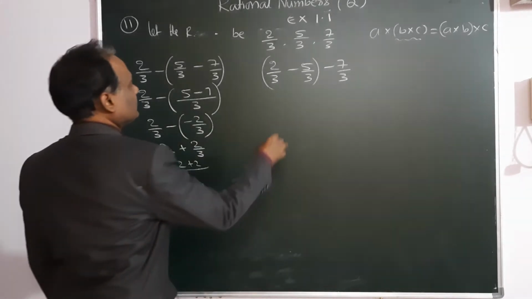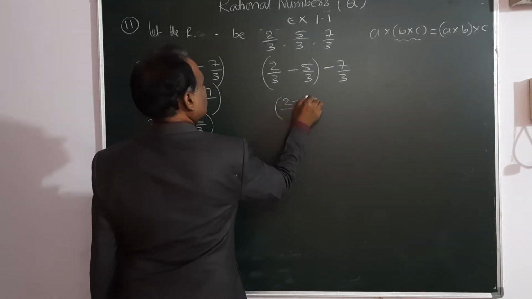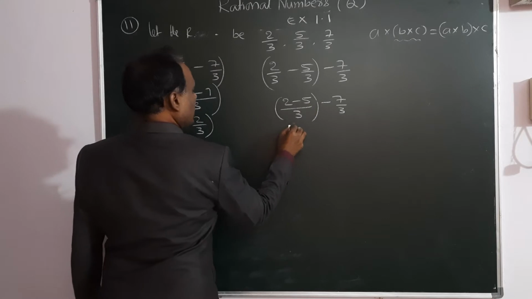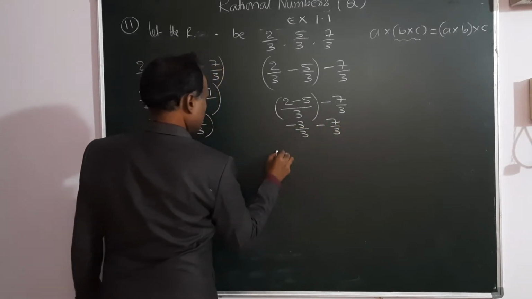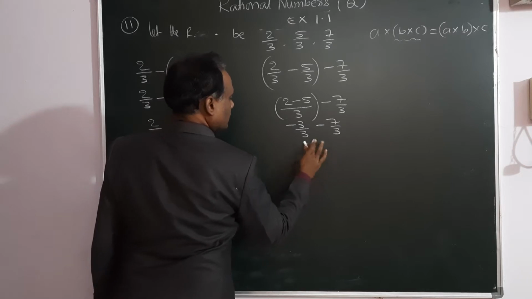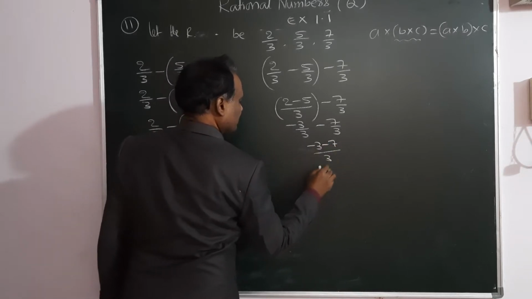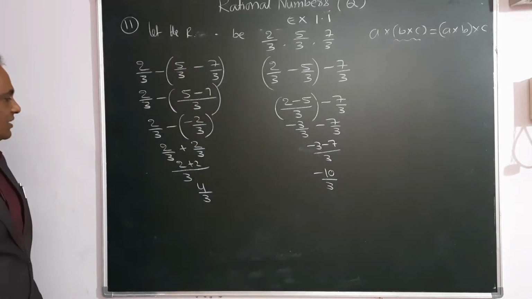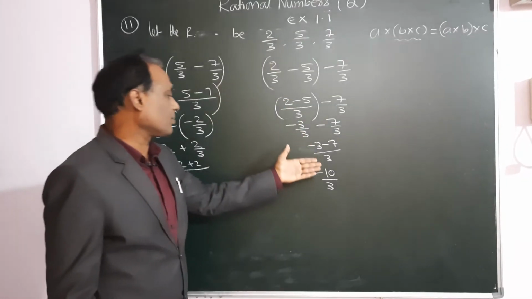Right side, 3 LCM. Minus 3 by 3. Three LCM. Minus 3 minus 7. Both are not equal. Left side after simplification we got 4 by 3. Right side we got minus 10 by 3.